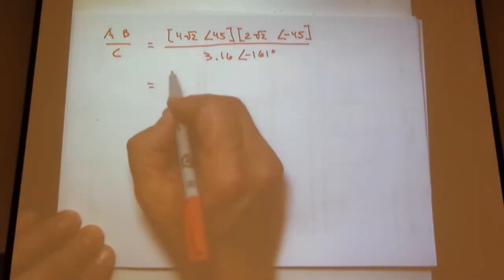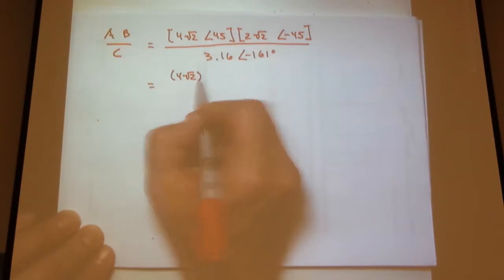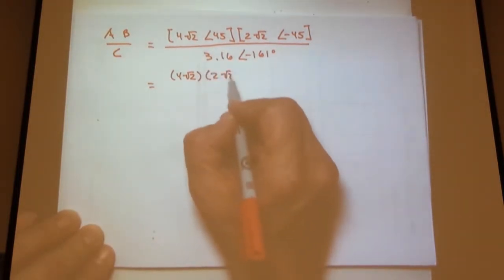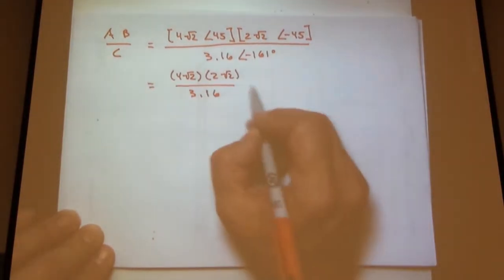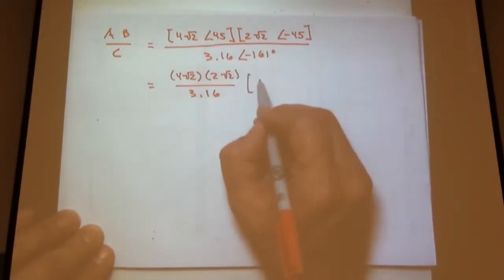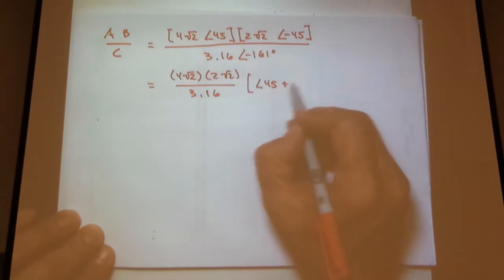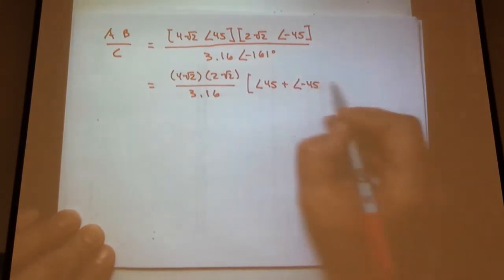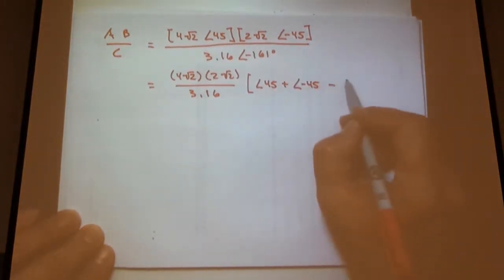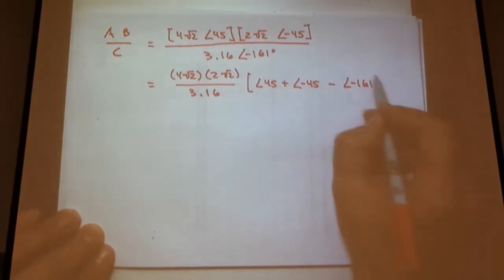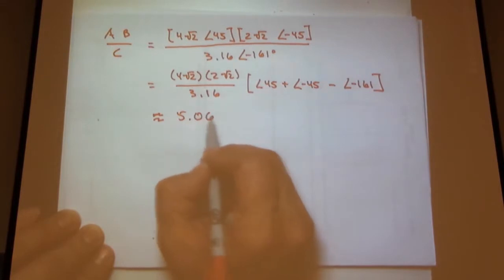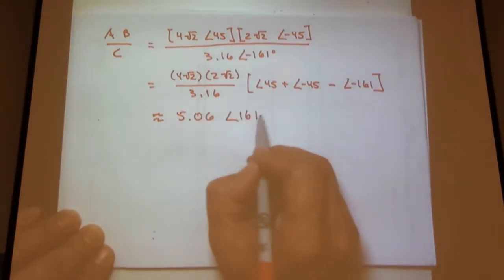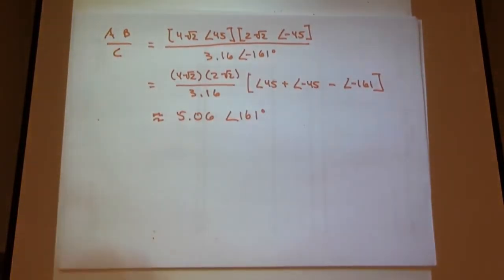And we wind up with 4 times square root of 2 times 2 times square root of 2, which is some number. I think it's around 5. Angle 45 plus minus angle 45 minus angle minus 161 equals something like 5.6, angle 161 degrees. Those guys cancel, minus minus, on.